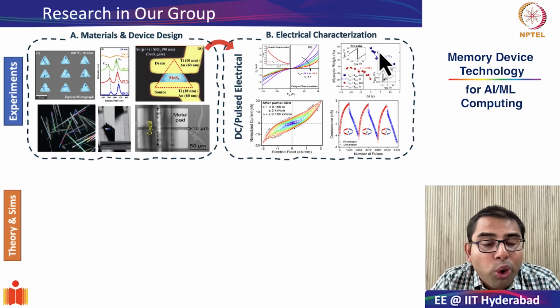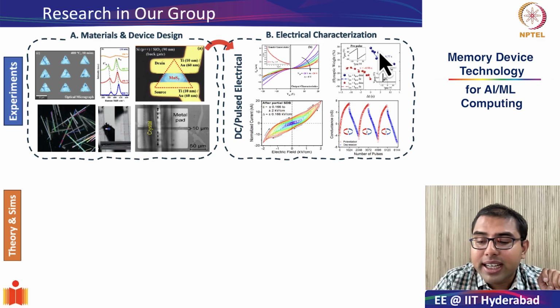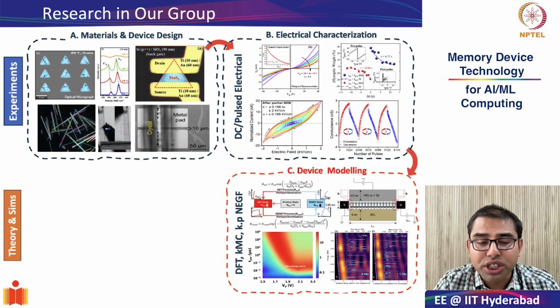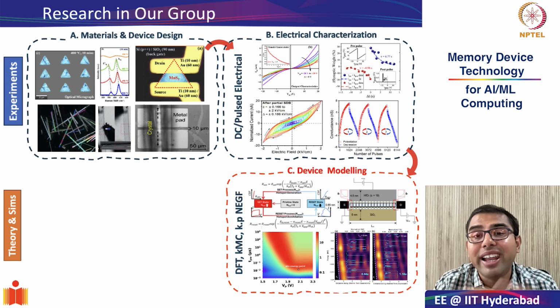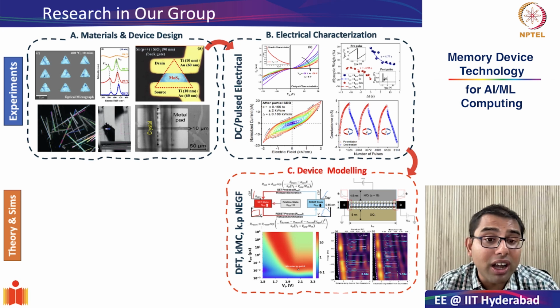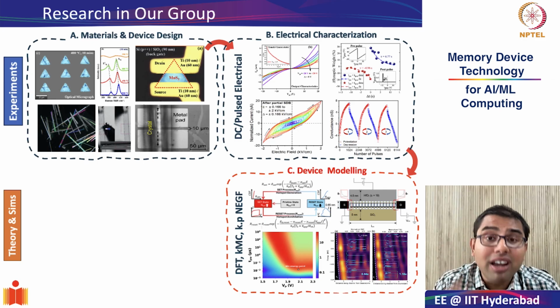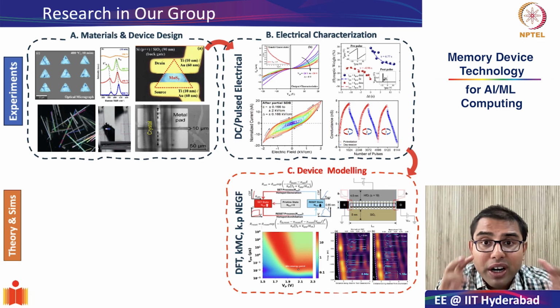So what do we do over here? Do we stop? No. We take these electrical characterizations, and this serves as the engine for our device modeling effort. Why do we do device modeling? In device modeling, we get two main advantages. We really try to understand what the fundamental mechanisms are which are at play when these devices are working.